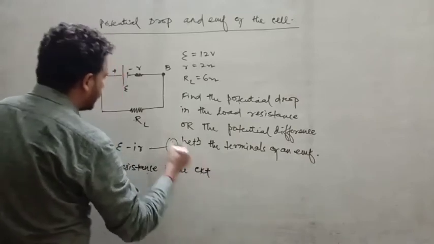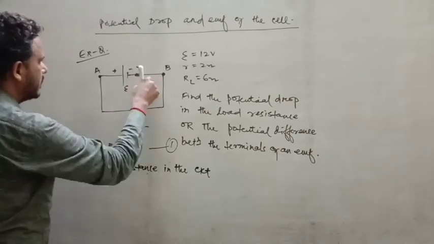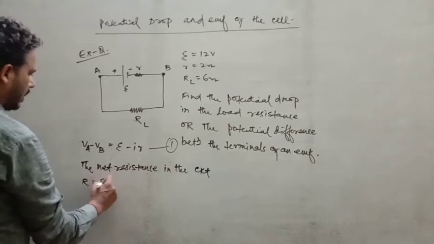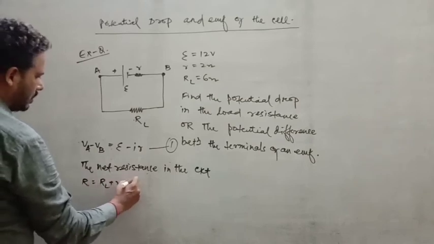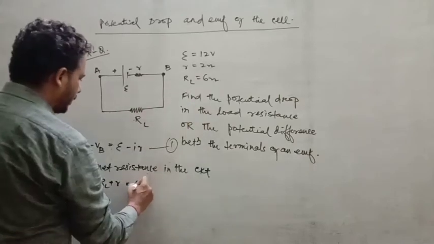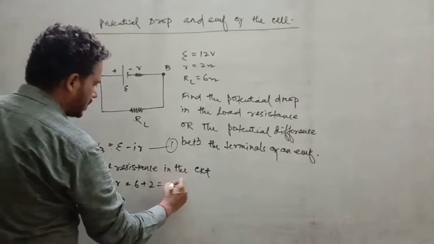Here you see that the load resistance and internal resistance are both in series. That's why your net resistance R would be RL plus small r. Now RL is 6 ohm plus 2 ohm, so altogether this is 8 ohm.